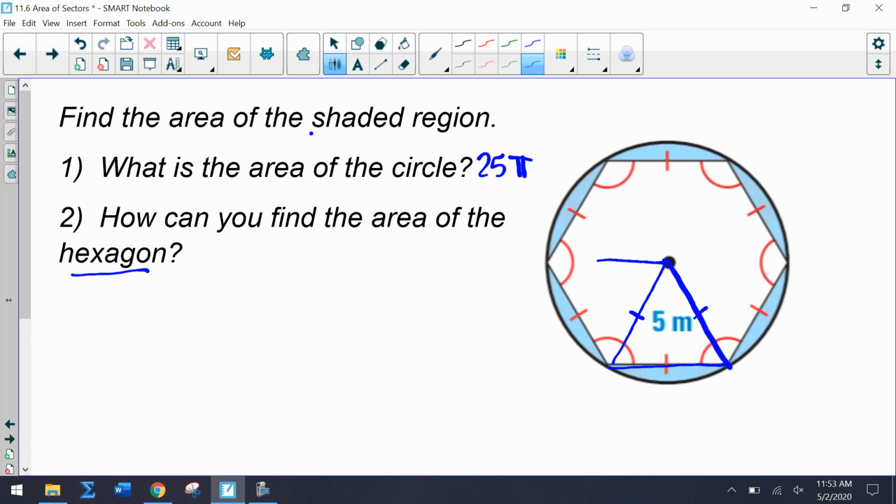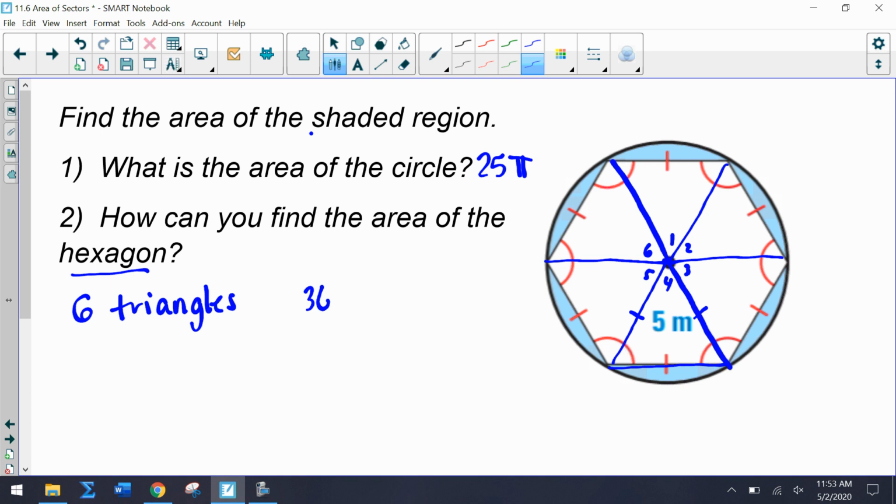So if we drew all of these pieces out to the corners, we have 1, 2, 3, 4, 5. So we have 6 triangles, and we have 6 angles in here. So 360 degrees divided by 6. That means each of those angles at the top are 60 degrees.